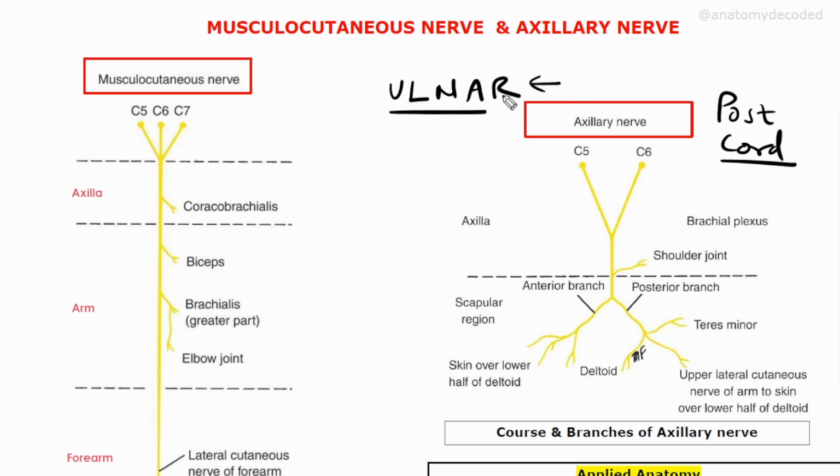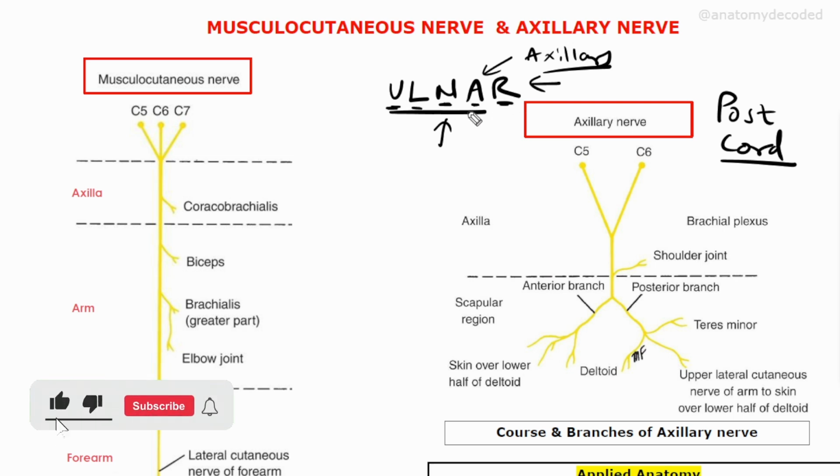The mnemonic is for the branches arising from the posterior cord, out of which A is for the axillary nerve. What about the other nerves arising from the posterior cord? U is for upper subscapular nerve, L is for lower subscapular, then N is for nerve to latissimus dorsi, A for axillary, and R for radial nerve.